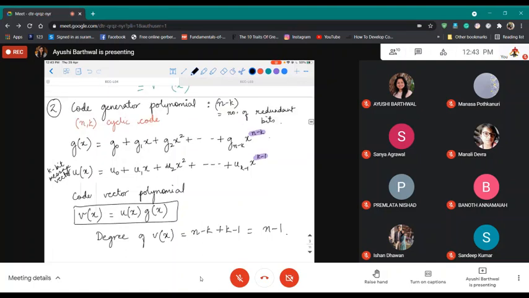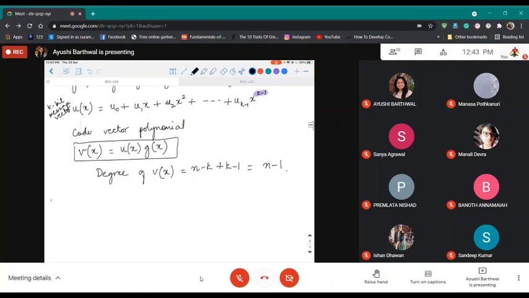Fine. And the third property of cyclic code is that the generator polynomial of any (n,k) cyclic code will be a factor of x raised to the power n plus 1.